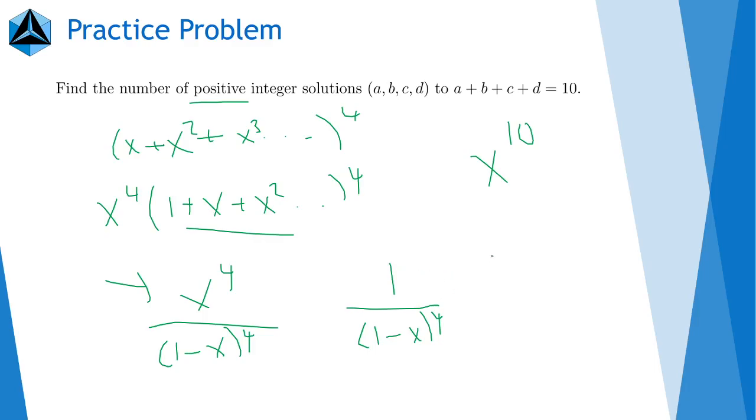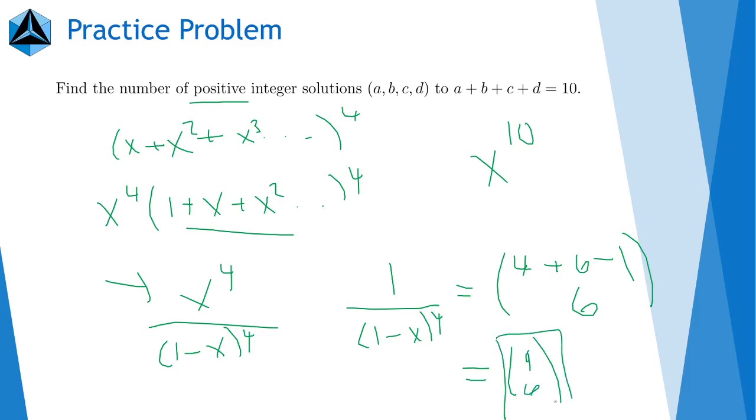Here n, the exponent we're taking, is 4, and we want the coefficient of the term x to the sixth, so we get 4 plus 6 minus 1 choose 6. That gives us the answer 9 choose 6, which, once again, is consistent with stars and bars.